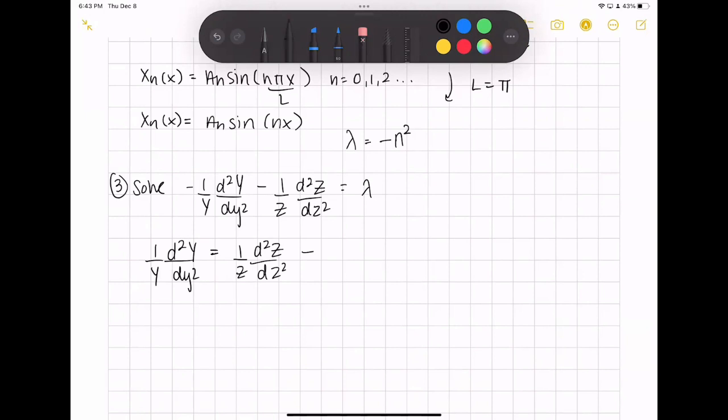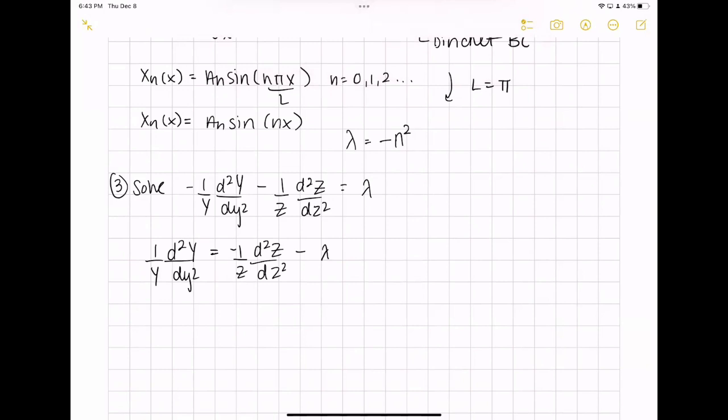All right. Oh, sorry, this should be a minus. Yeah, because I'll move the y over and then you have to move the lambda over. So that's why you get those two minuses.